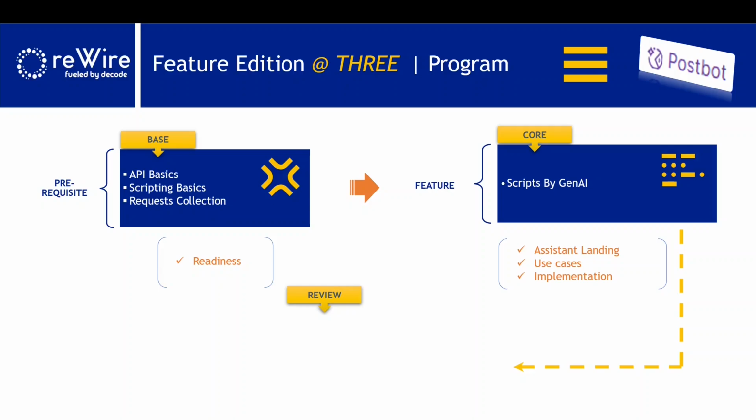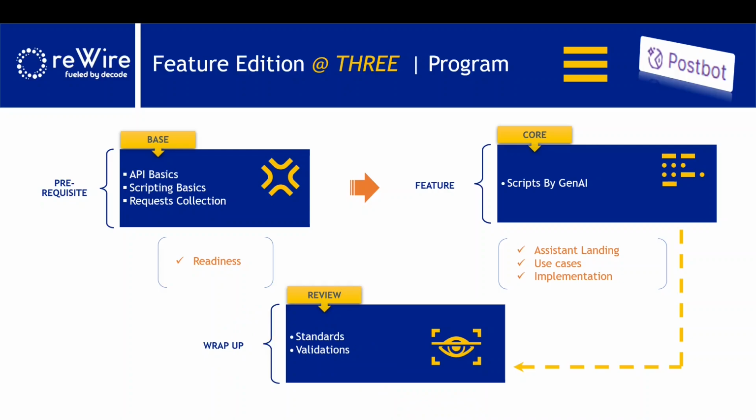We have to ensure it is meeting the standards, the coverage, and the required structure. Those things we have to take care of, which I'm going to discuss in this particular component. It is primarily focused on two things: one is standards and second is validations.